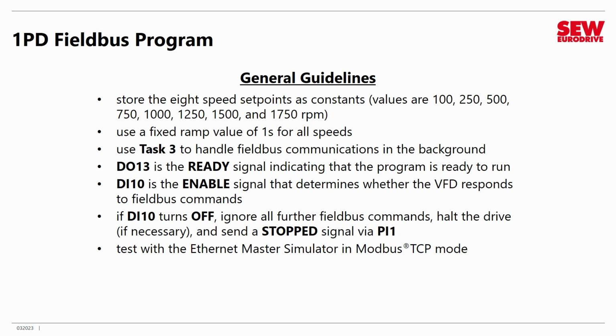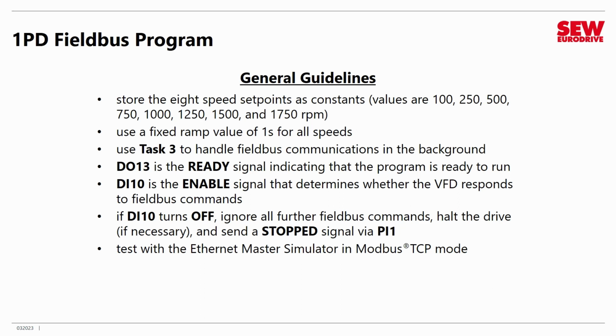DO13 is a ready signal. That should turn on when the program is ready to operate. Remember, we usually do a 5-second wait to give everything time to stabilize, and then we turn on DO13 when we're ready. All the other digital outputs on the option card should be off. So this is the ready signal that would signal the PLC that it's okay to communicate.